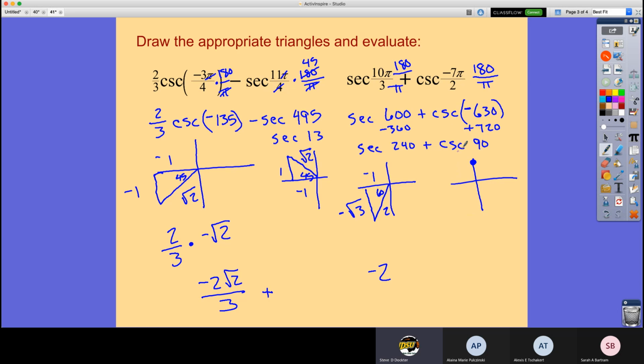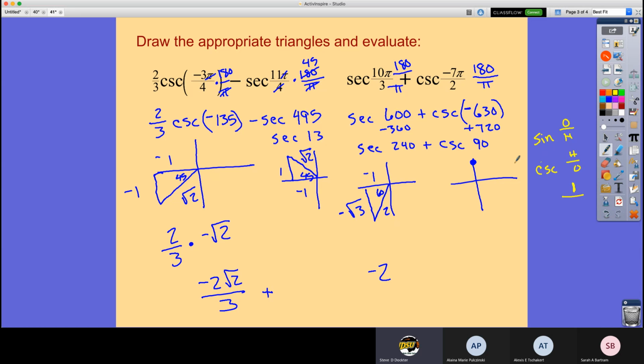All right, so for cosecant then, cosecant works with sine. So sine is opposite over hypotenuse, which would mean that cosecant is hypotenuse over the opposite. Now, when it's on the axes like this, first of all, our hypotenuse is 1. Remember, that's always the distance from the origin. So we're putting this on the unit circle, so the distance here would be 1.